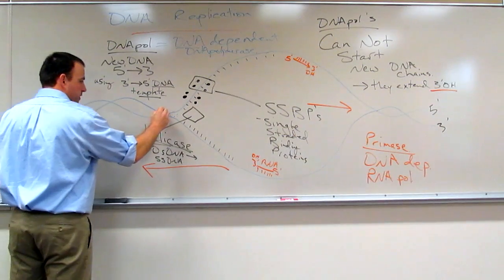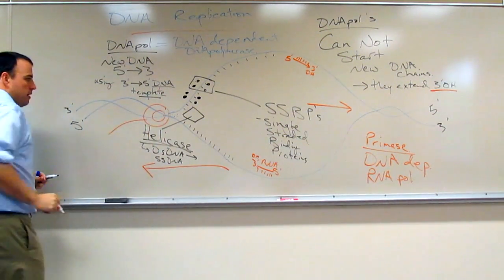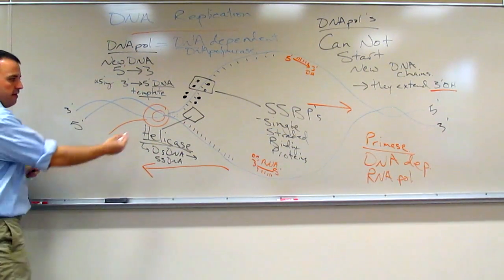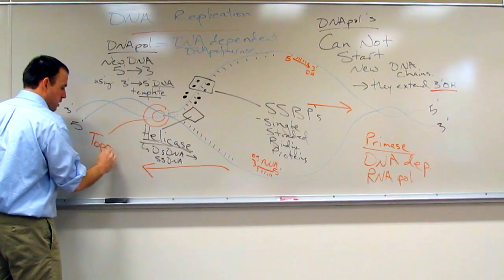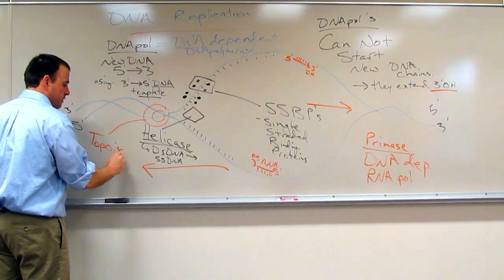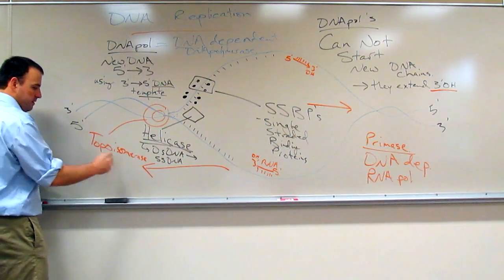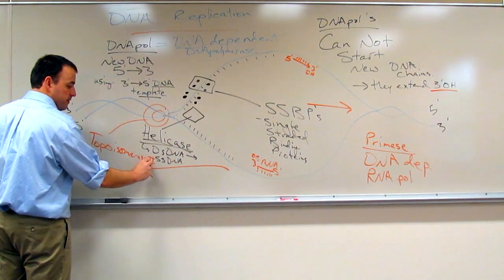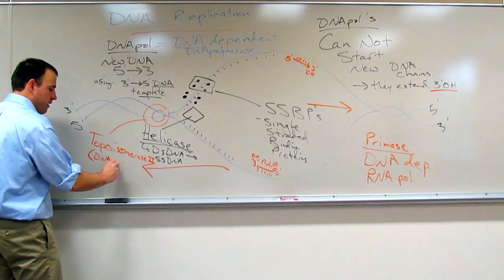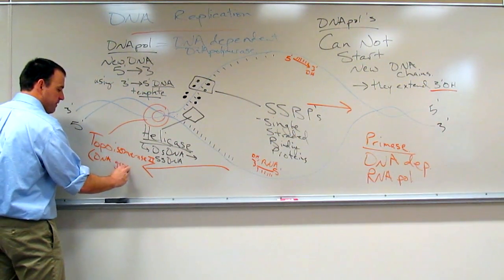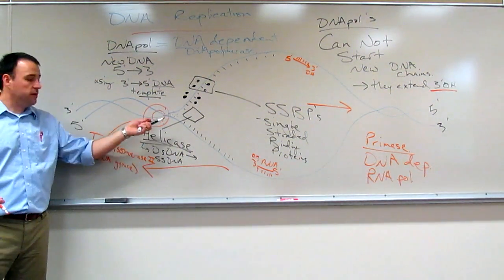So you have another enzyme that goes just ahead of the DNA replication fork called topoisomerase. Technically it's topoisomerase 2, and some people call this DNA gyrase. What's topoisomerase going to do for us?